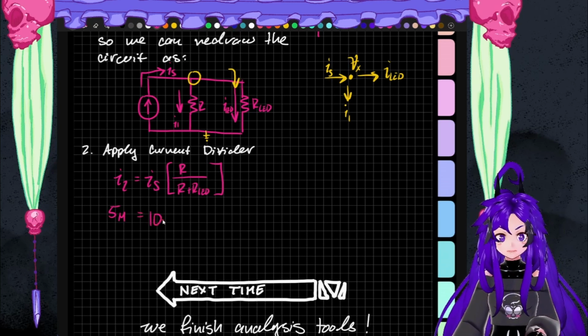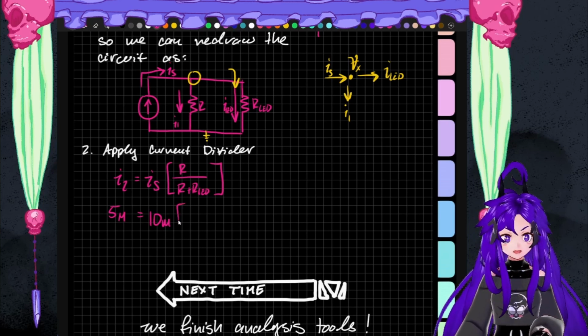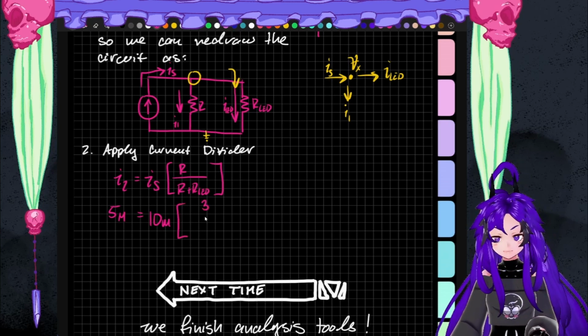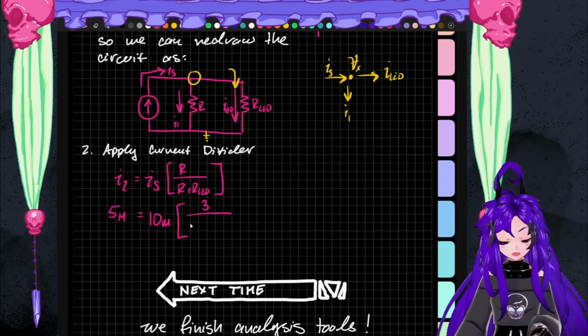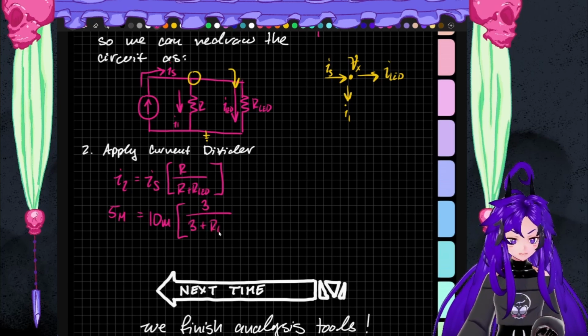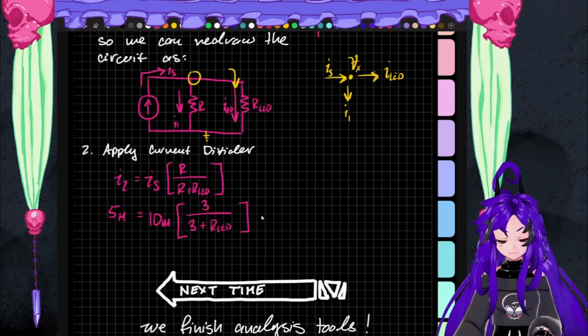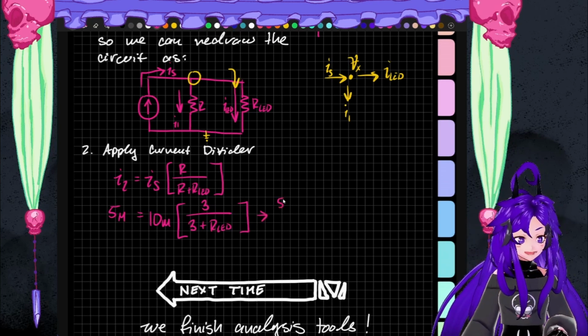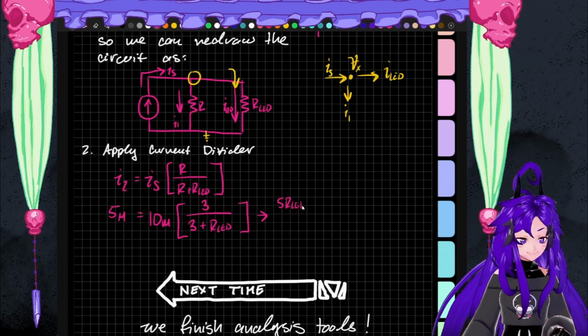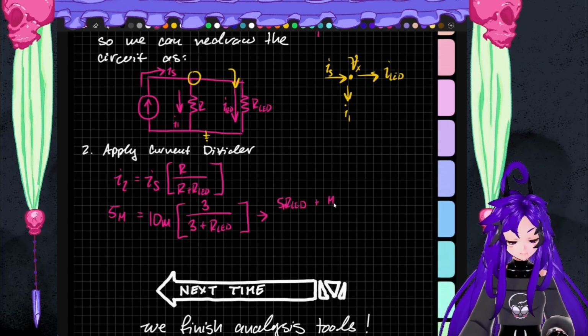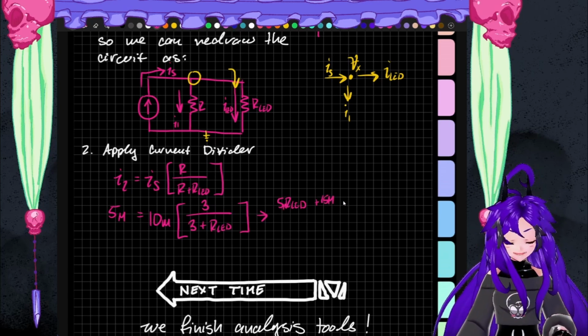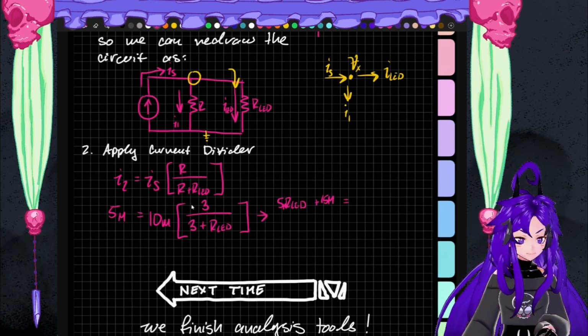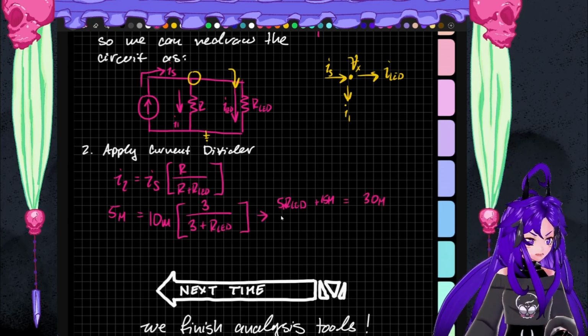Then we've got the 10 milliamps of the source times this 3 ohm resistor over 3 plus our LED. And so we just do the algebra. We get 5 R LED plus 5 milli times 3, which is 15 milli, equals 30 milli.